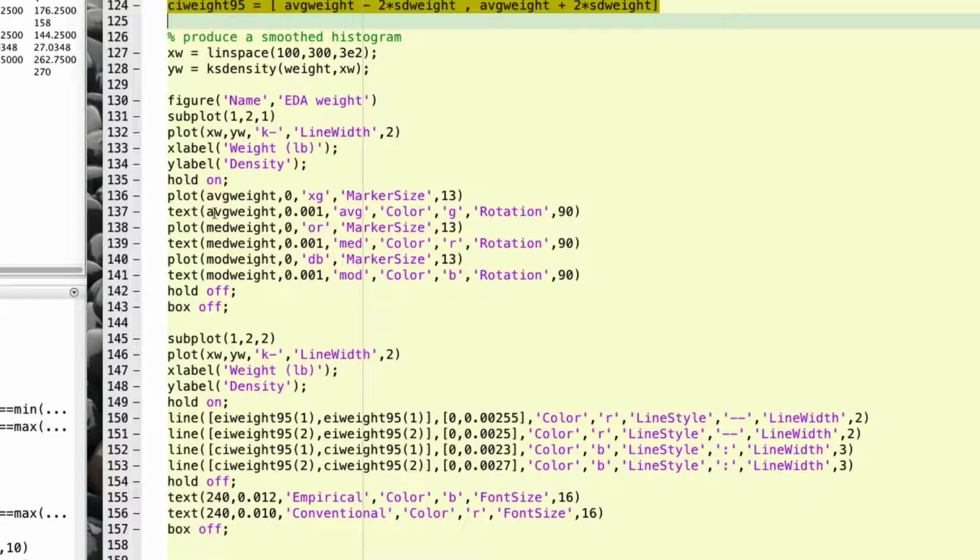And on top of that, I will put the average weight, the median weight, and the mode, and I will identify them with some markers. And in the second plot, I will have the same smoothed histogram, but I will now include lines highlighting the empirical interval and the confidence interval for weight.